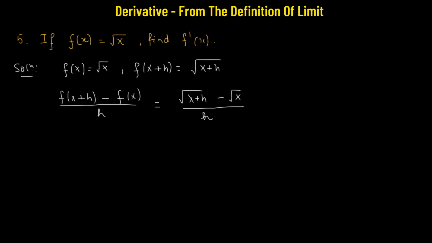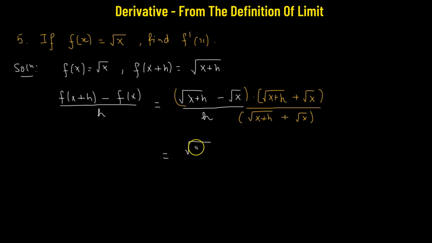Now what we will do is multiply the numerator with its conjugate, that is, square root of x plus h plus square root of x. And we do the same multiplication to the denominator as well: square root of x plus h plus square root of x. So this is going to give us square root of x plus h, whole squared.